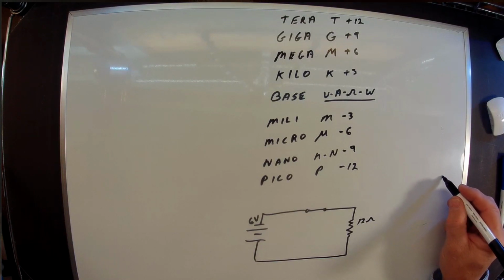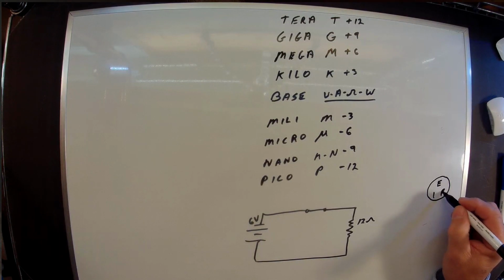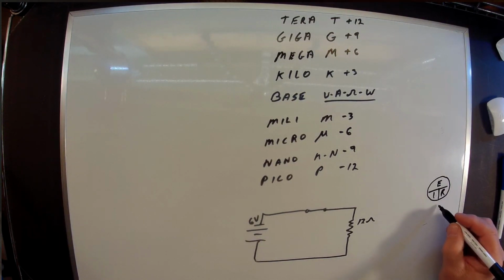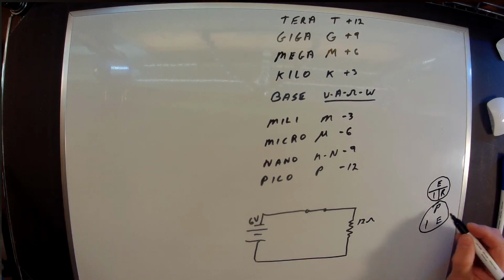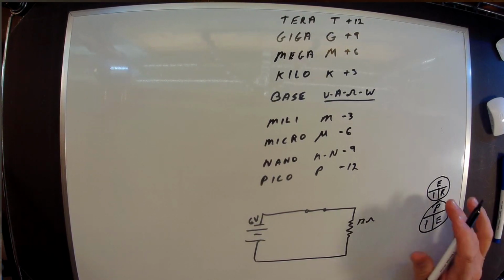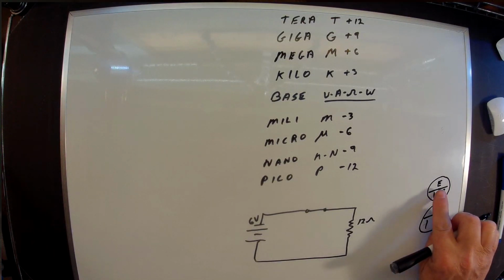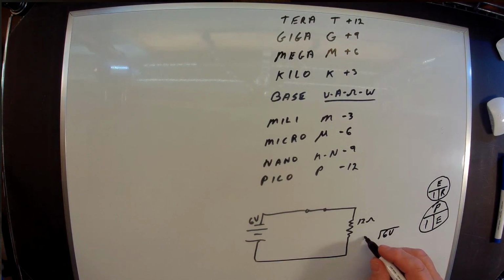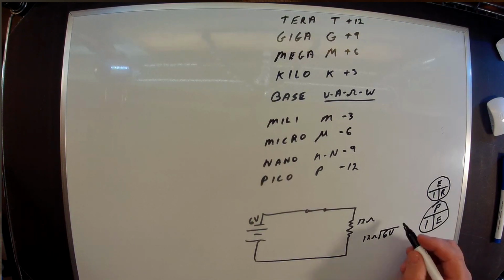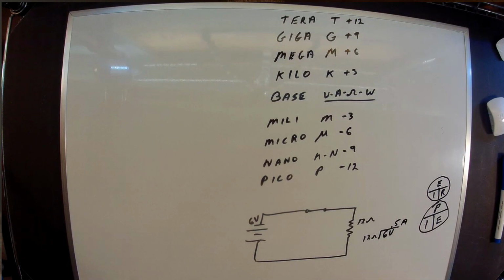Well, we can do our pie charts like we did before, E, I, R and P, I, E. We're looking for current, which is I. So we'll put our finger over current, and we need E divided by R. So E is 6 volts divided by 12 ohms will give you 0.5 amps, right?